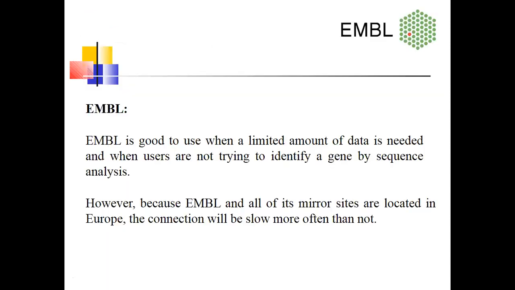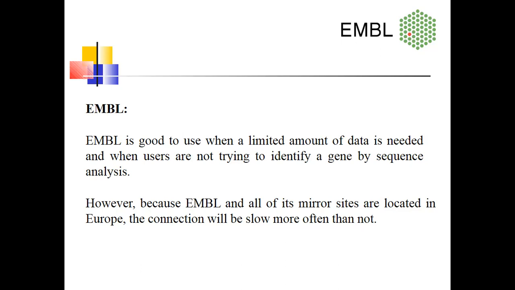After Entrez, we have EMBL. We already studied this in our previous lecture, but here we have some different aspects of these databases. EMBL is good to use when a limited amount of data is needed, and when users are not trying to identify a specific sequence of a gene for different types of analysis. However, EMBL and all of its mirror sites are located in Europe. The connection will be slow more often than not.